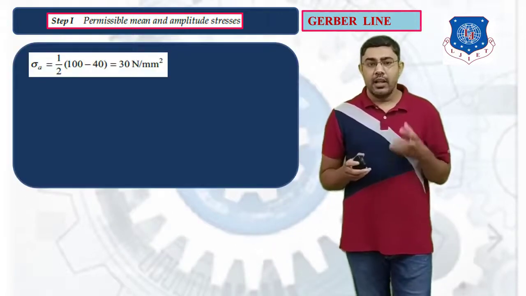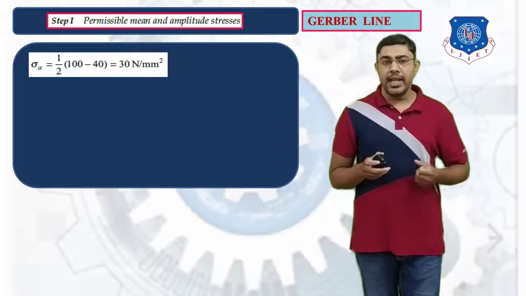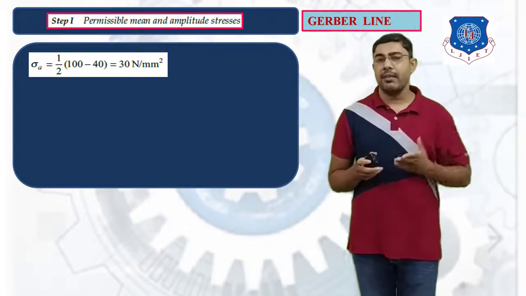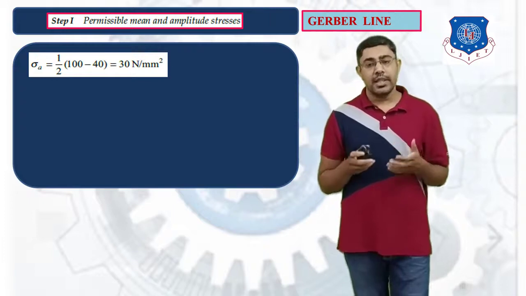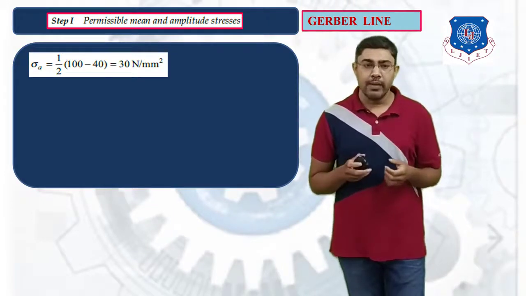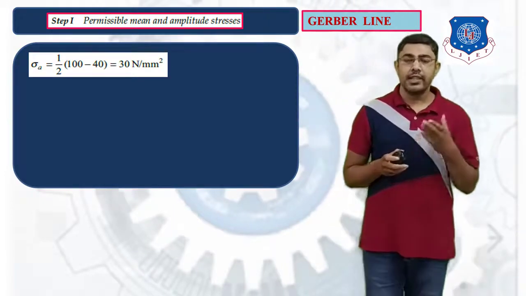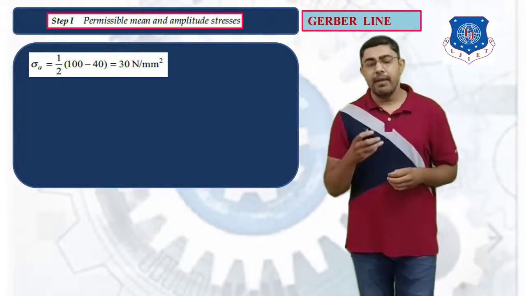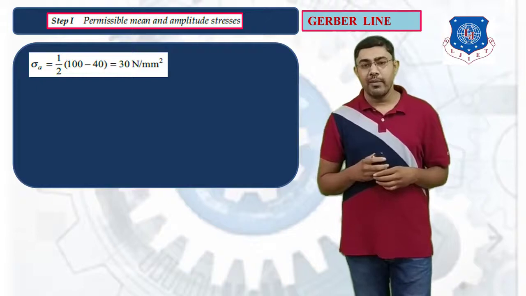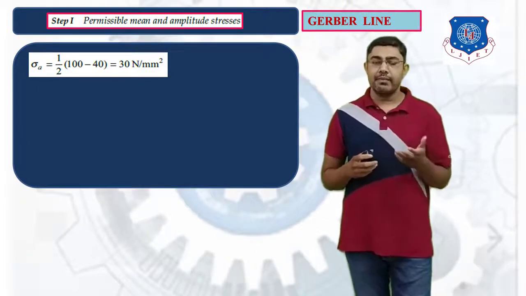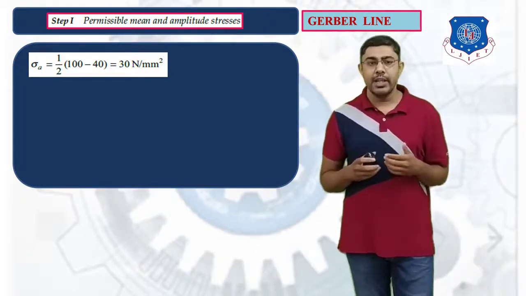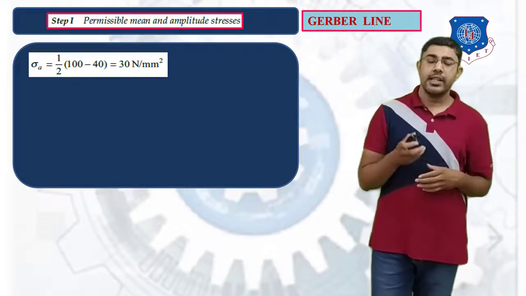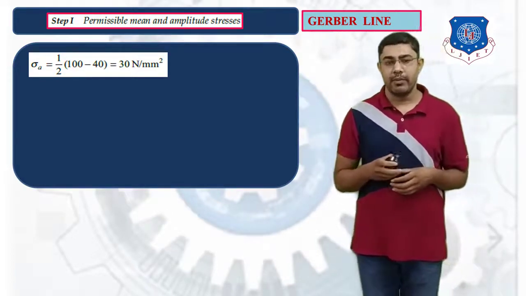Sigma A, the amplitude stress, is one half of the difference between sigma max and sigma minimum. Placing sigma max as 100 and sigma minimum as 40 Newton per mm square, we get sigma A equal to 30 Newton per mm square.